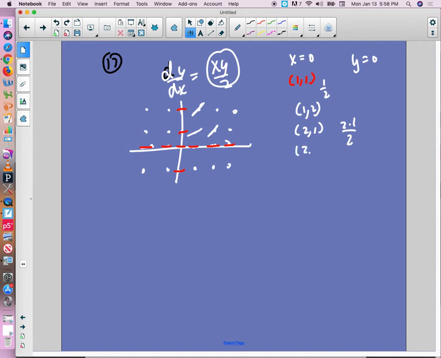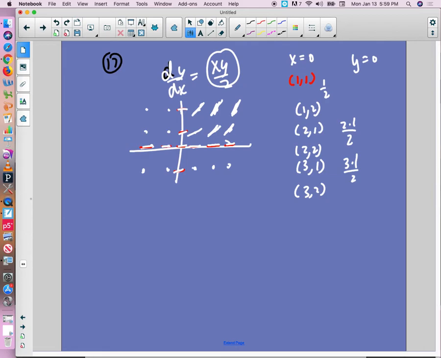At 2, 2, my slope would be 2. At 3, 1, my slope would be 3 times 1 over 2, or 1.5, a little steeper than what I had here at 1. And then at 3, 2, my slope is 3, so pretty steep compared. And these slopes should be all in the same color.